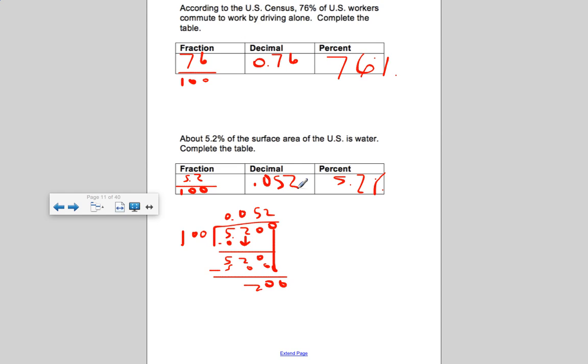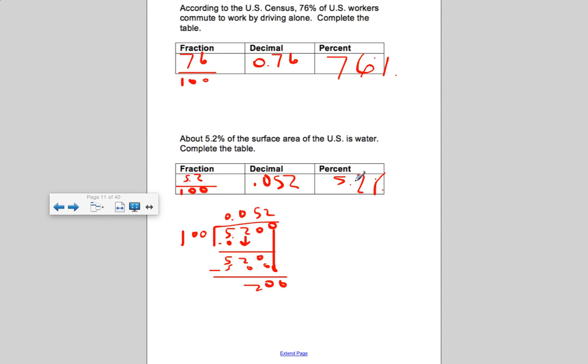Another way to do it is, well, we know we're dividing by 100. So if we're dividing by 100, is the answer going to get larger or smaller? It's going to get less. So we move the place value 2 units to the left. Hence, we have this one. And another way to do it is this one.